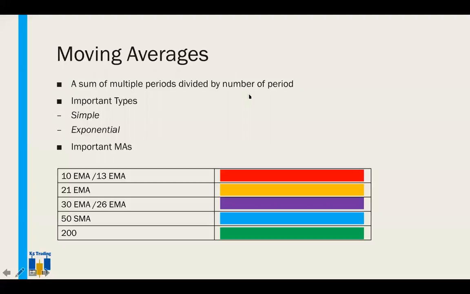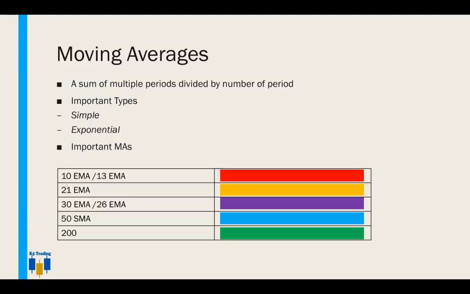The moving average is nothing more than a sum of multiple periods divided by the number of periods. Important types are simple and exponential, so there are two types which we will focus on. There are some other types, for example, weighted moving average, but our focus mostly will be on simple and exponential.